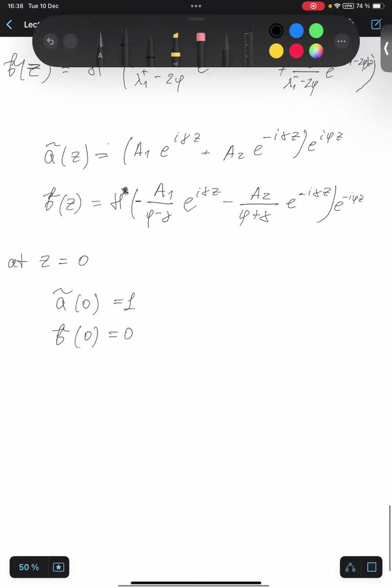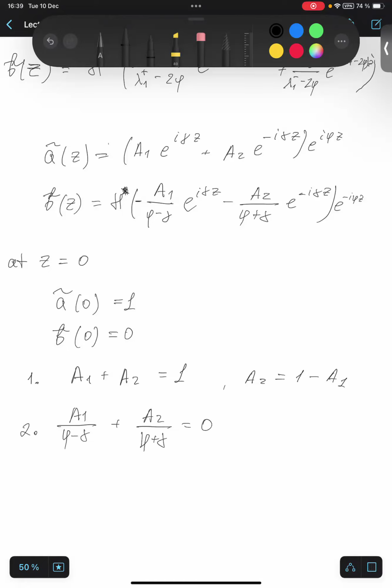So first we can say that A1 plus A2 equals 1. So A2 equals 1 minus A1. And from the second equation, we can say that A1 divided by phi minus gamma plus A2 divided by phi plus gamma equals 0.